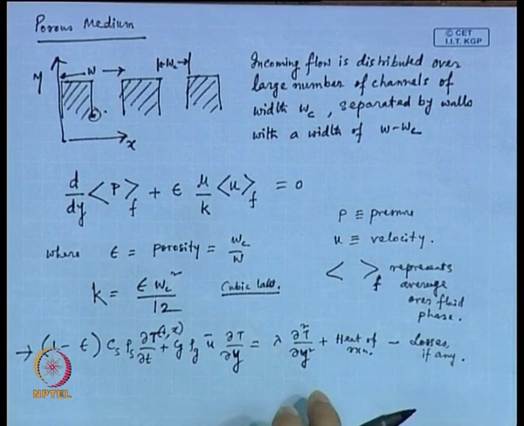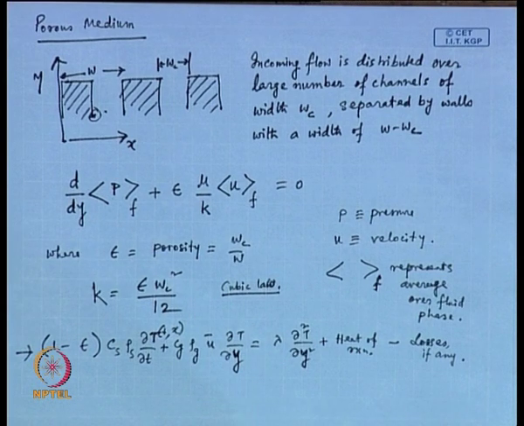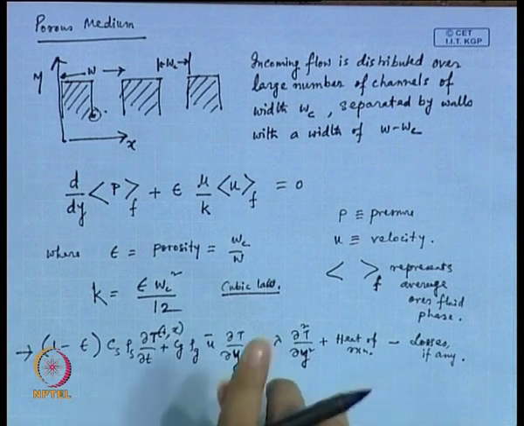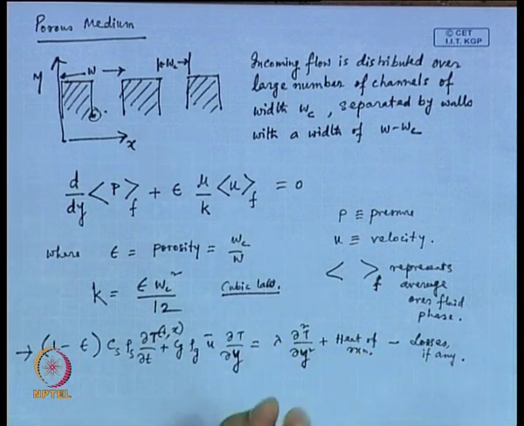This type of assumption is considered in porous media. When the channel dimension is small and the gas is flowing through that channel, in a macroscopic sense you can consider that the gas and the solid at that point have the same temperature; they are equilibrated. Of course, this is not a rigorous approach; as I said, this is an assumption.